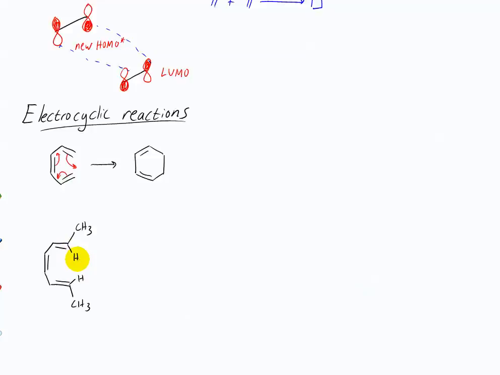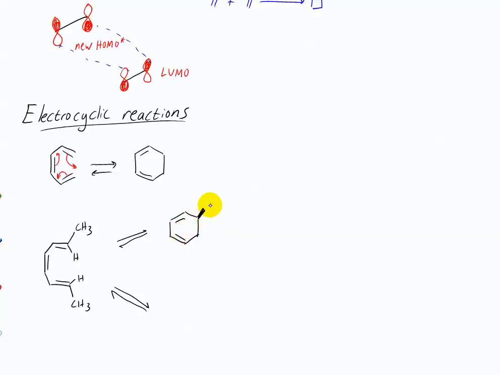If we imagine, and these things are generally reversible, but we can imagine two ways in which this thing could cyclize. It could, and we'll talk about this mechanism and how we see this and how we know it in a second.